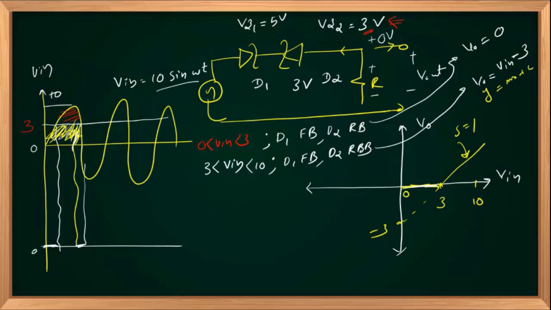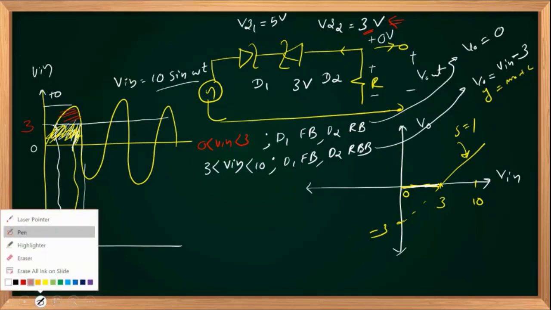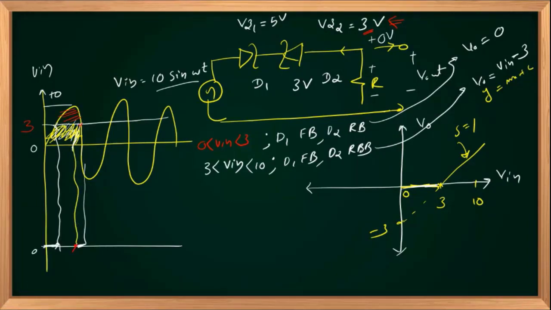These two intervals of 0 to 3 are 0. If it is greater than 3, V out is nothing but V in minus 3. So at 3 volts, 3 minus 3 you will get a 0 here, and a 0 there. If you are concentrating on the peak instantaneous value, 10 volts, 10 minus 3 is nothing but 7. So the shape will be sinusoidal with a positive amplitude of 7 volts. The shape will not change, it gives you the sinusoidal shape as such.